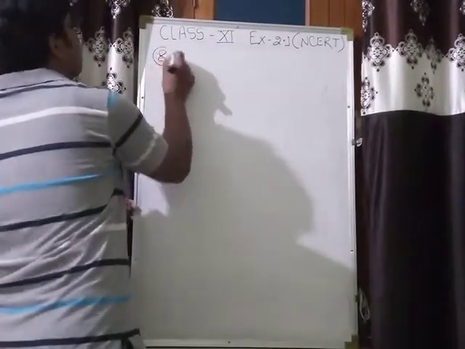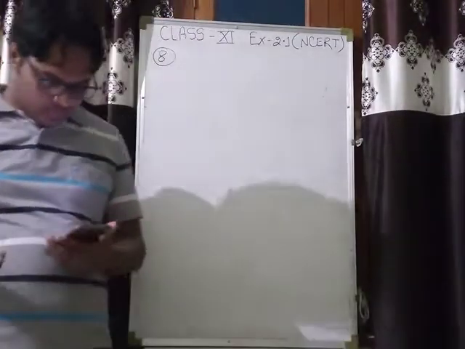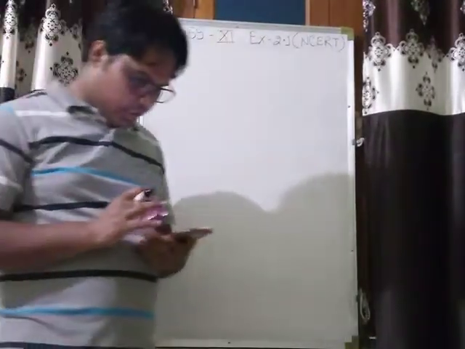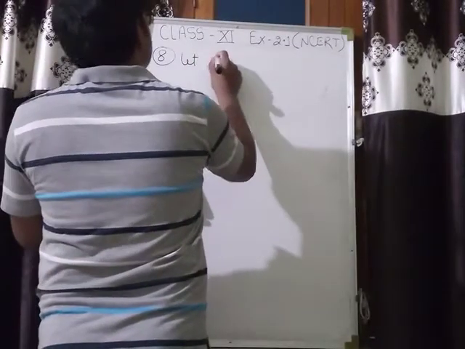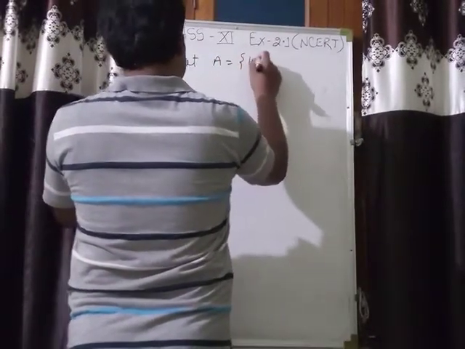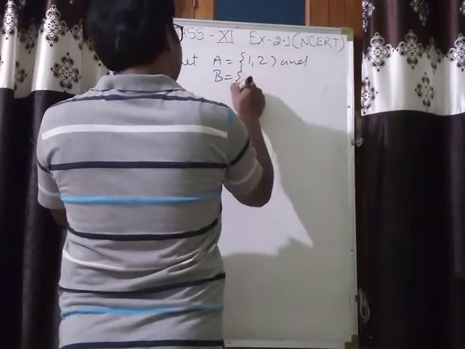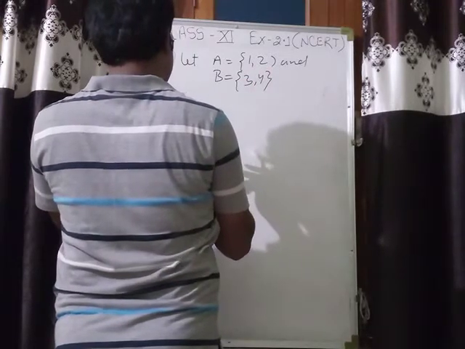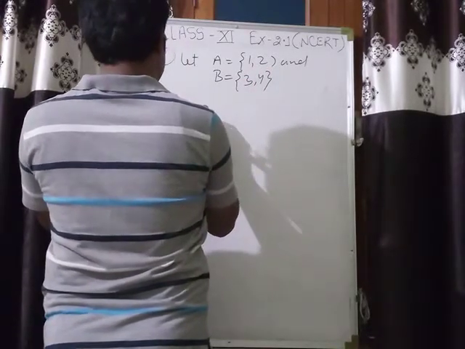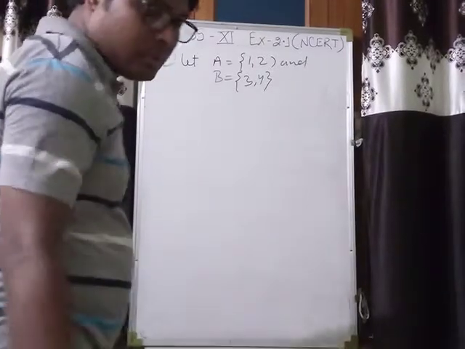Question number 8 is: let A be a set containing two elements 1, 2 and B be another set containing two elements 3, 4. Write A cross B, and how many subsets will A cross B have? List them. Okay.